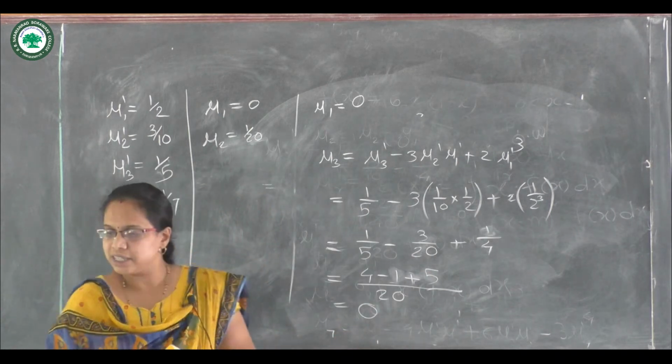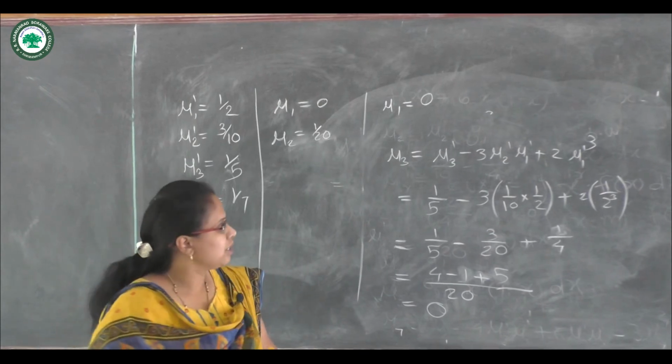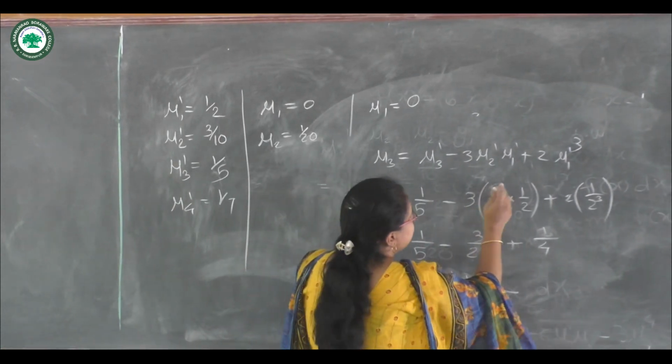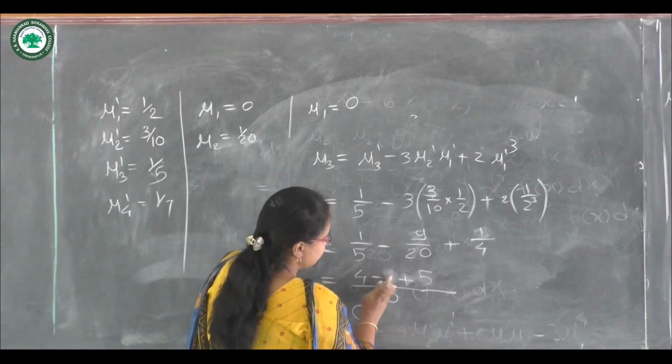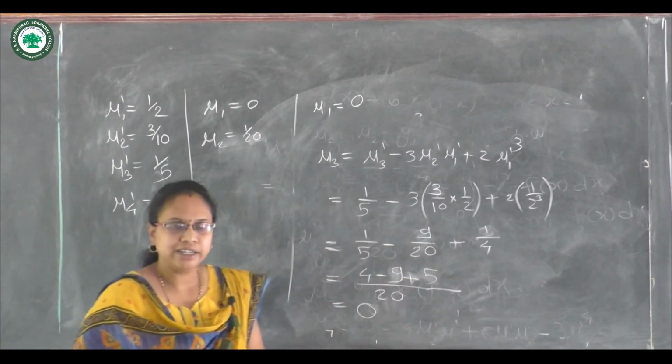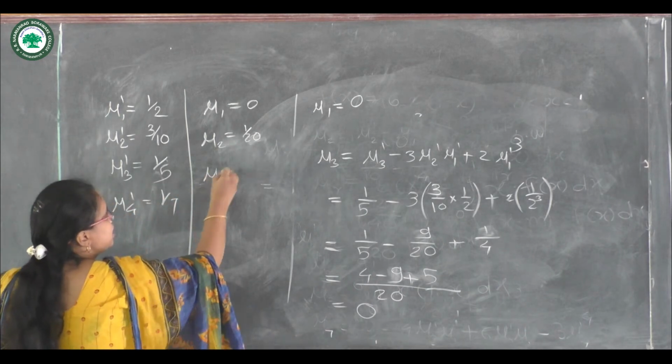We can say that the third moment is 0. Here I have written 3, so it is 9. I have corrected it, so the answer is 0. So mu 3 equals 0.